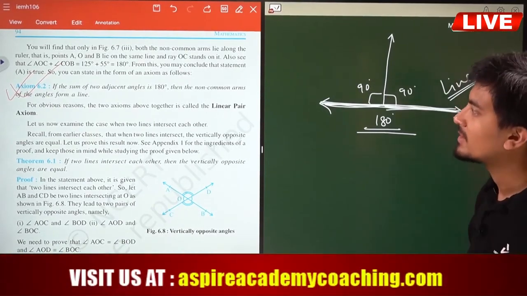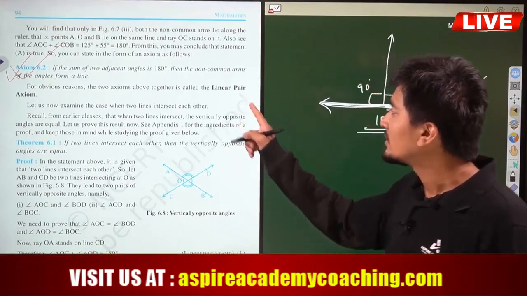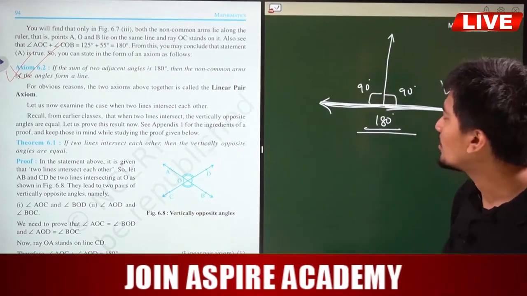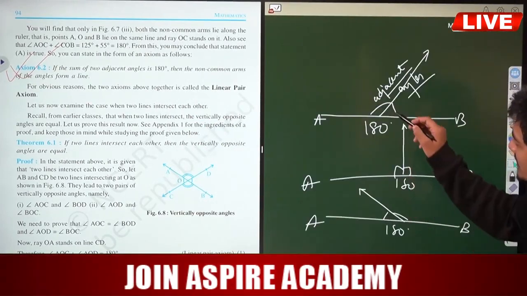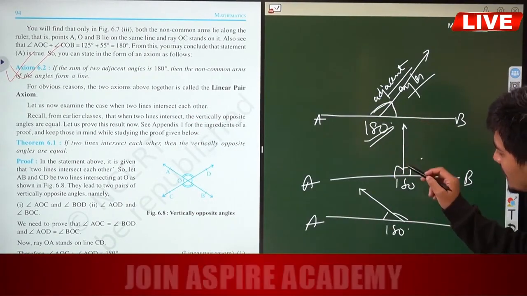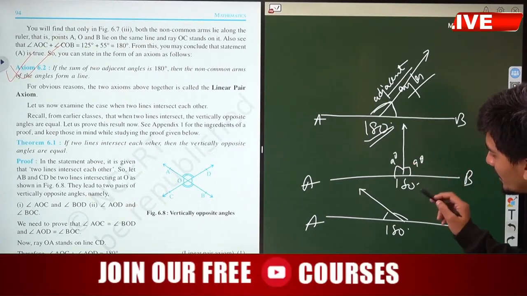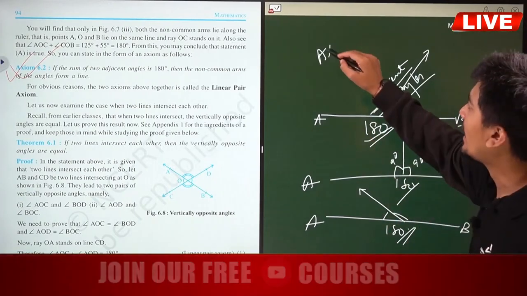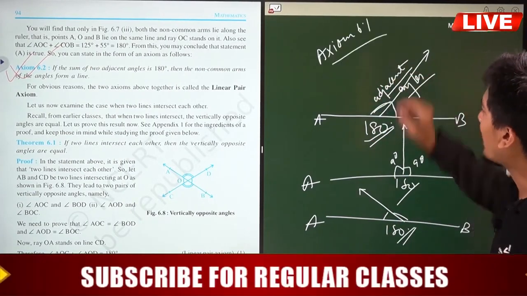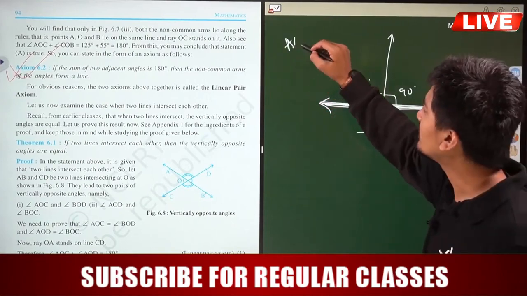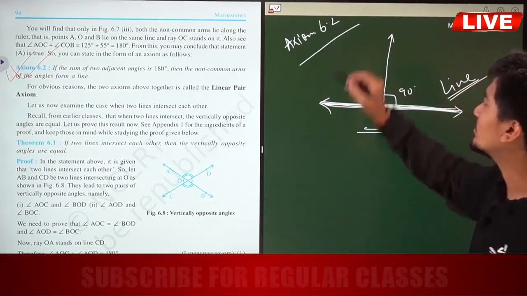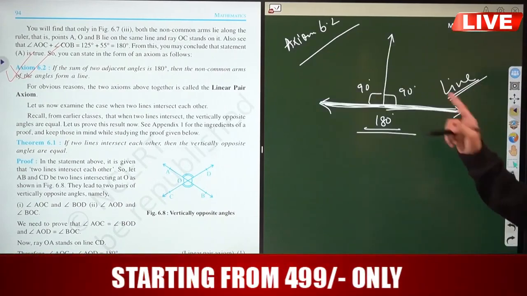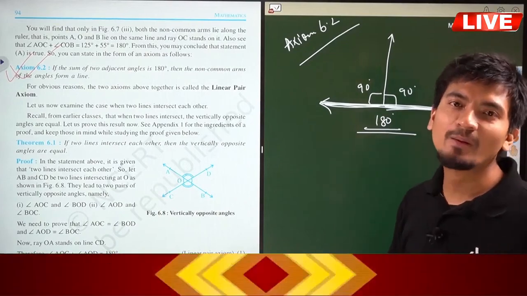These above two axioms are together called the linear pair axiom.